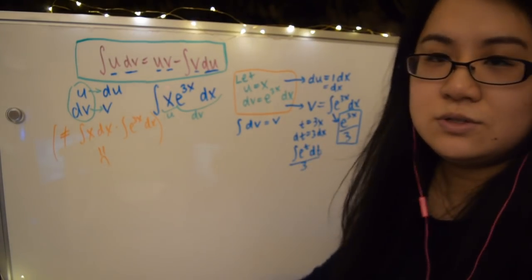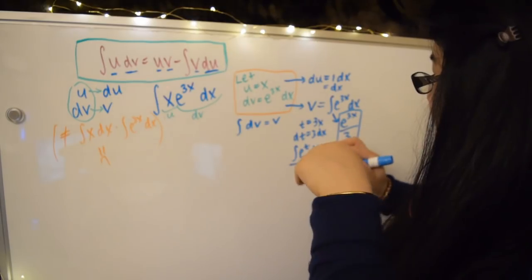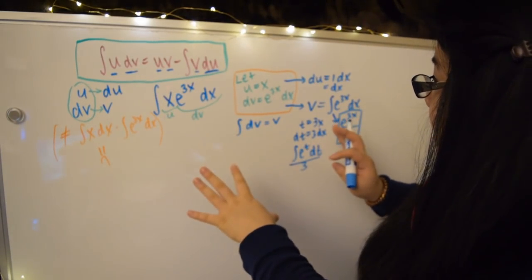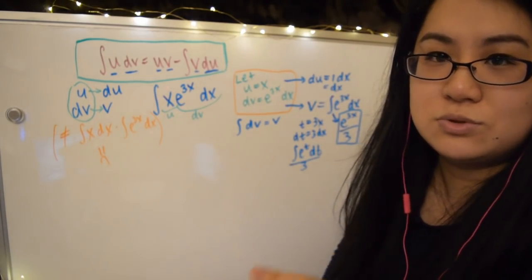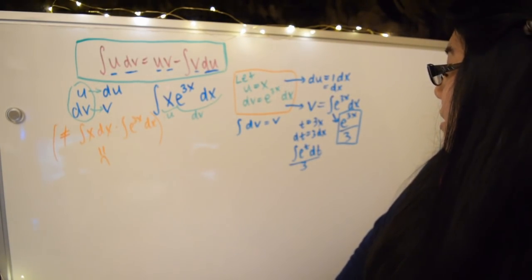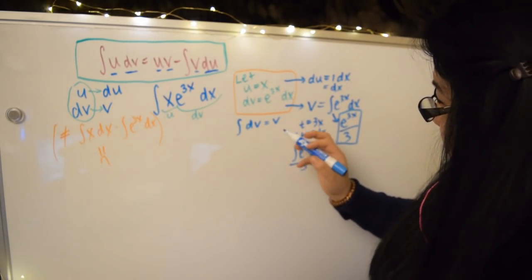Okay, I'll do another video on u substitution another time, but the point is that the integral of dv is actually doable, right? We can find what that integral is.